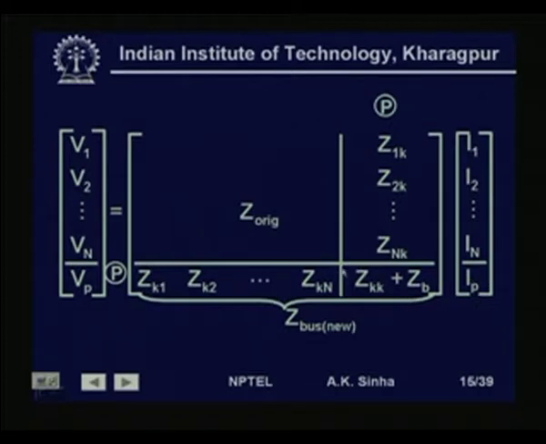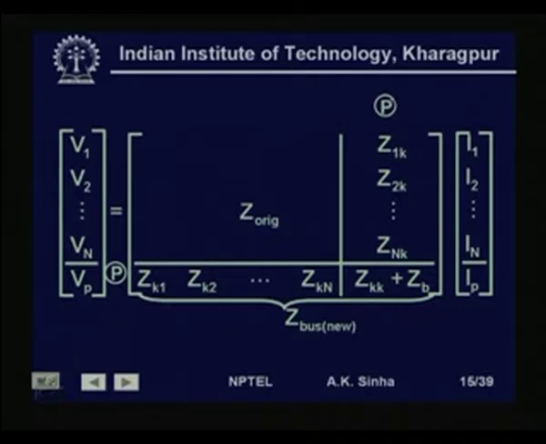So, the n plus 1th row and column term, that is Zn plus 1 n plus 1 term, will be Zkk plus Zb, and the n plus 1th row will be nothing but the kth row of this original Z bus matrix. So, this is how this gets modified.